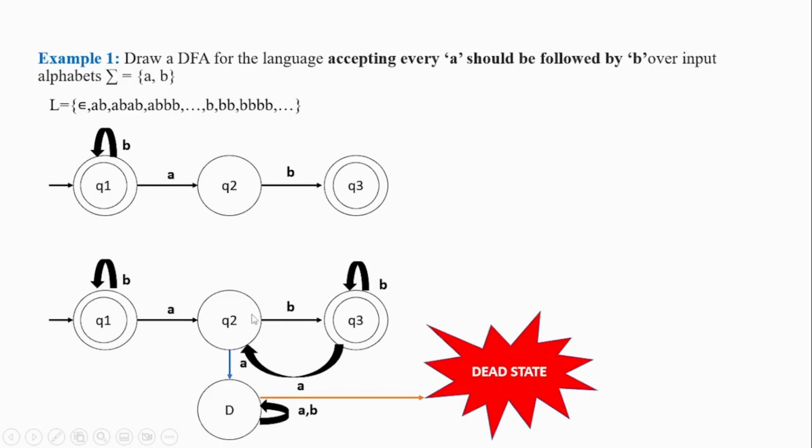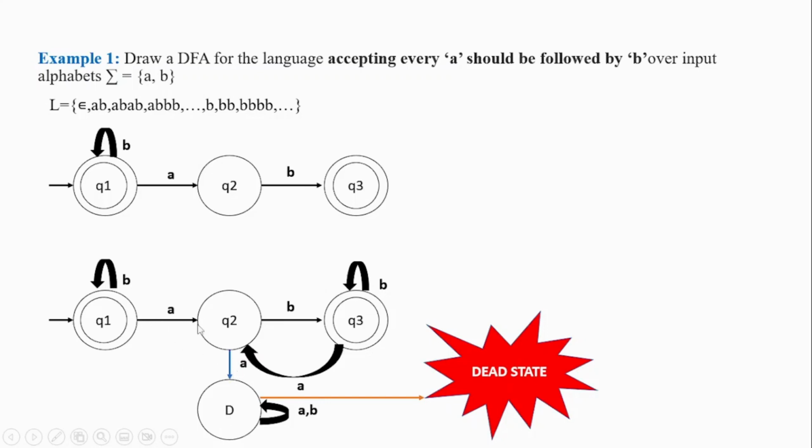Next, now we have to define the transition for every state, right? For state Q1, A and B both are defined. But for state Q2, only B is defined. If it sees A, what will happen? It will be entering into the dead state. We call it the dead state because from this state we cannot enter into the final state, right? Why does it enter into the dead state?